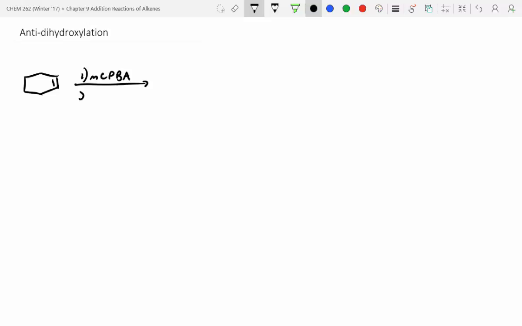And then in step 2, we're going to treat this with acid and water. Instead of adding in one alcohol, this reaction will actually add in 2 alcohols. However, as you can probably tell by the name, the alcohols are going to be anti to one another. So you'll end up with 2 different products.